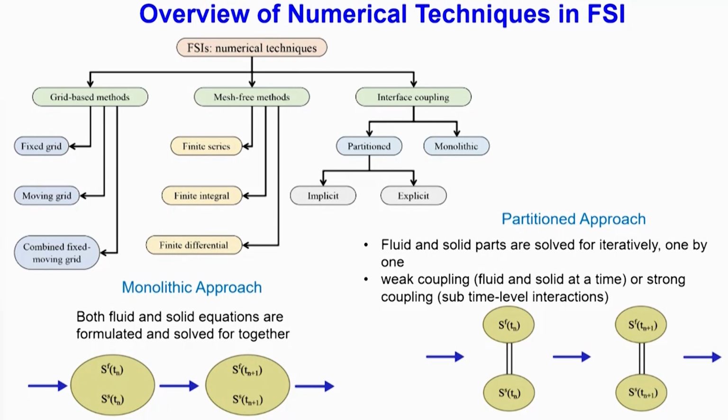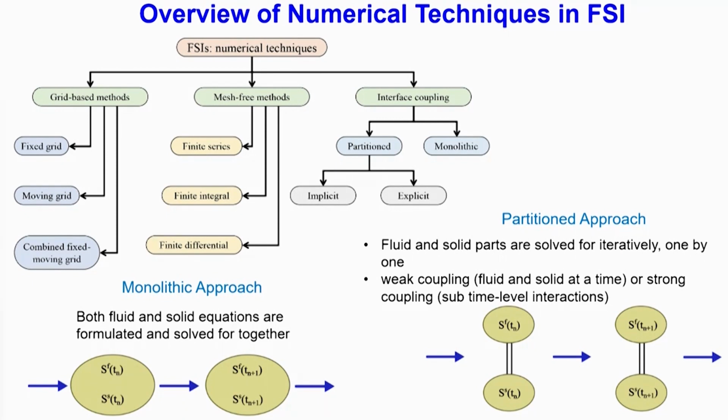That means you can have a fixed grid and you are only finding out the location of the interface implicitly, but your grid does not change. Moving grid means you put your grid points on the interface, and as it is deforming or moving, those grid points will move.